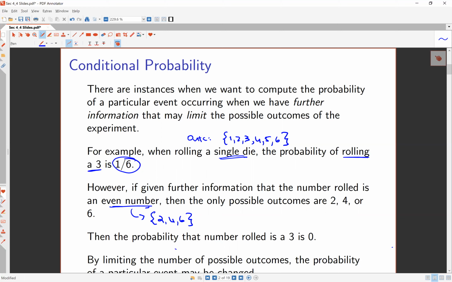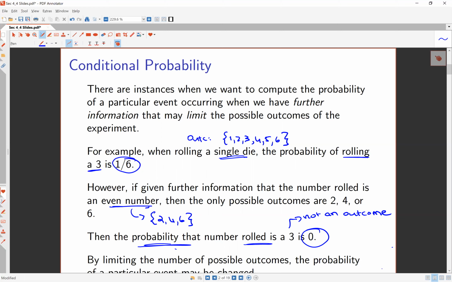Because now, if I'm just limiting my attention to this new smaller set of outcomes, what now is the probability that I roll a 3? The probability is now 0 because 3 is not an outcome that is in this new set.